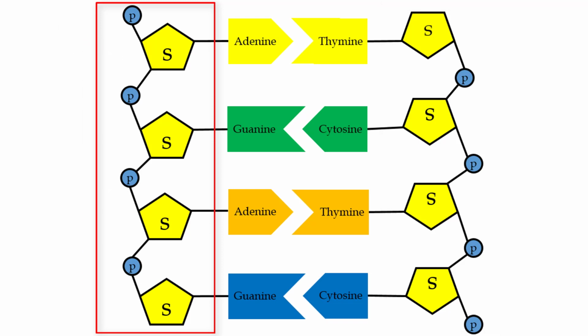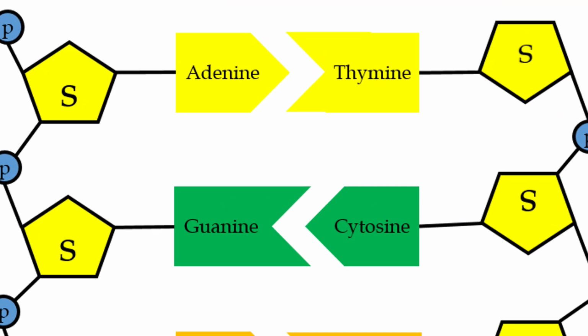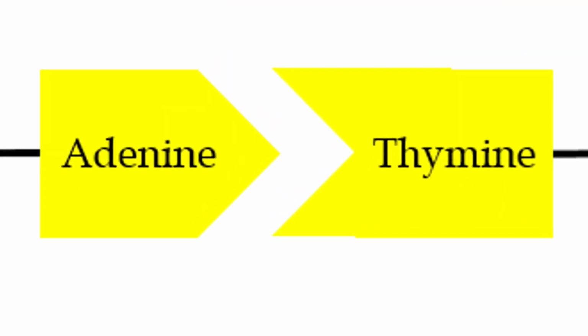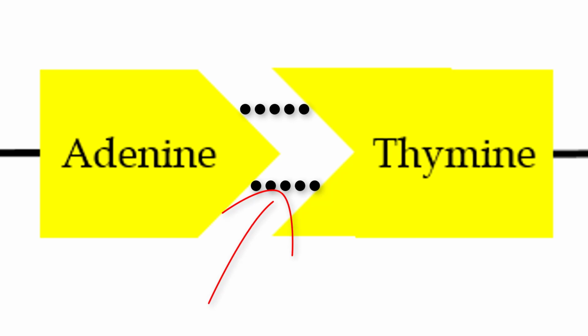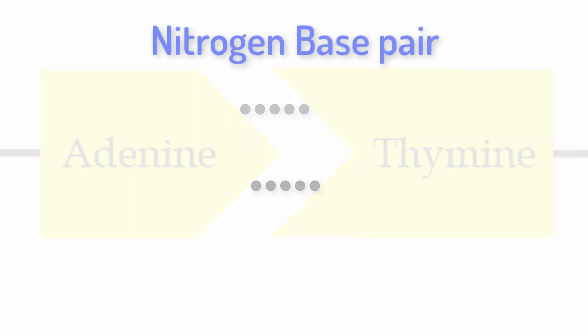Nitrogen bases bind to each other as adenine binds to thymine, and they have a double bond between them. This double bond is a weak hydrogen bond. You have to show this weak hydrogen bond by a dotted line, which will represent it's a weak hydrogen bond, right?